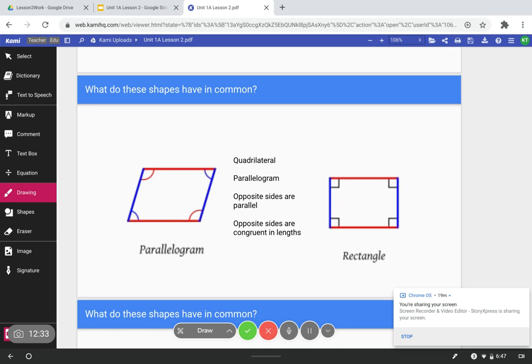But what's the difference between the parallelogram and the rectangle? The rectangle has right angles. The parallelogram has acute and obtuse angles. Let's list up here all the categories that these shapes go into.